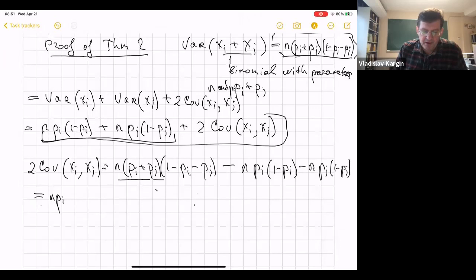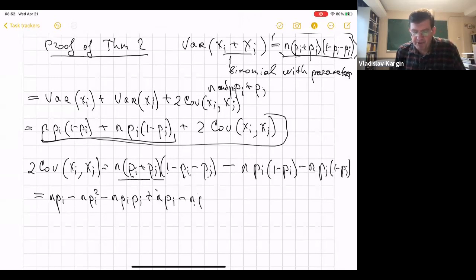n pi, so this pi multiplied by 1 minus n pi squared, so we multiply it by pi, minus n pi pj, right? So this is pi multiplied by this pj, plus n pj, so this is pj multiplied by 1, minus n pj pi, minus n pj squared. Right?